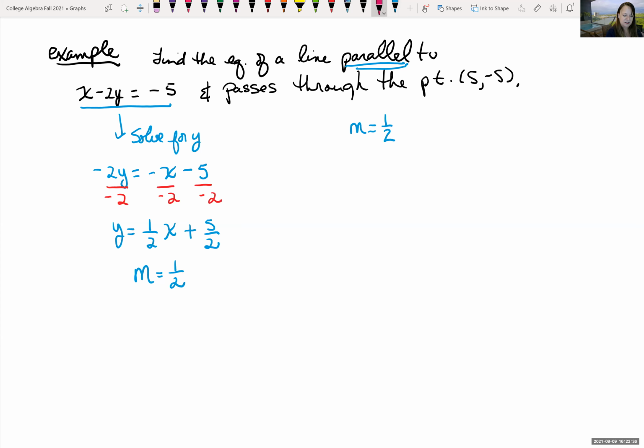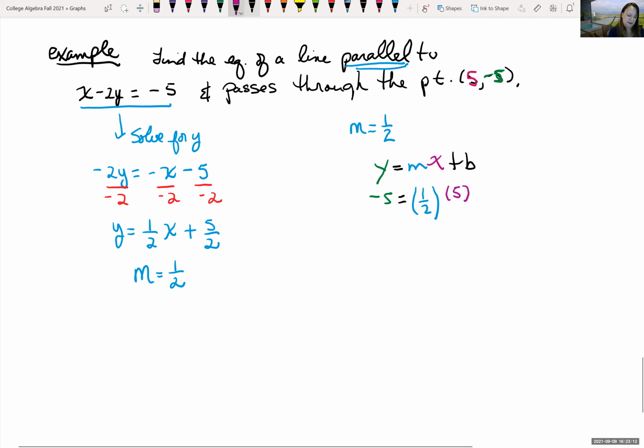We have a point, 5, -5. And so we could plug this into our equation, y is equal to our slope times x plus b, and figure out what b is. So I know -5 is equal to my slope of 1/2 times my x value of 5 plus b.